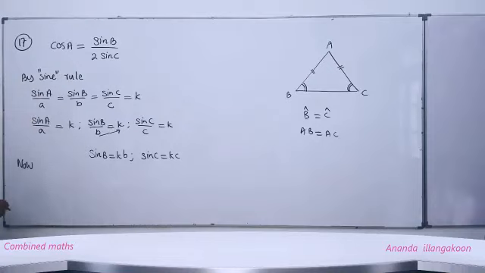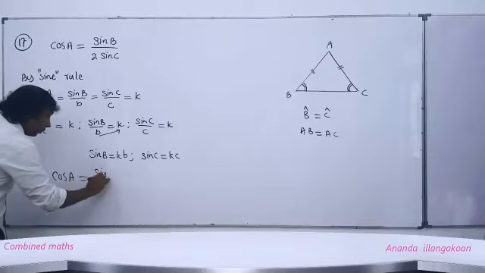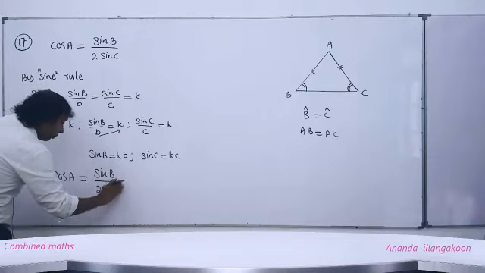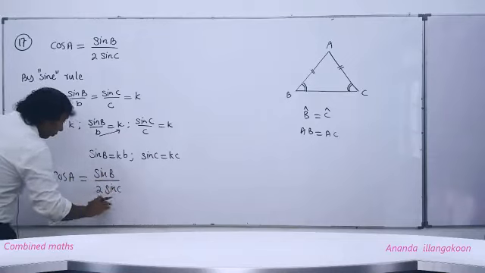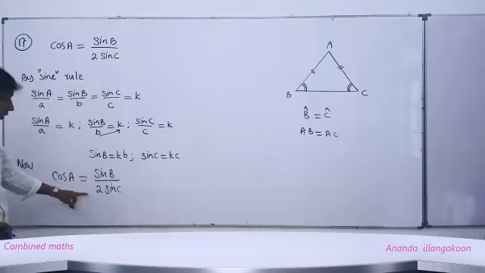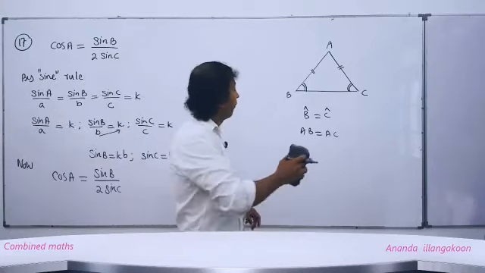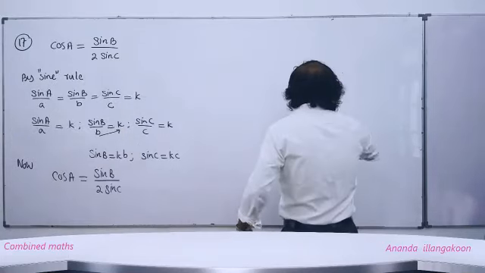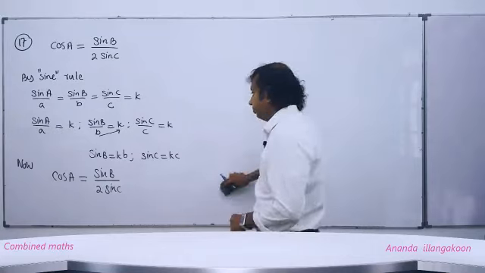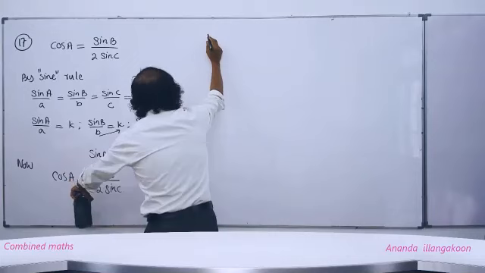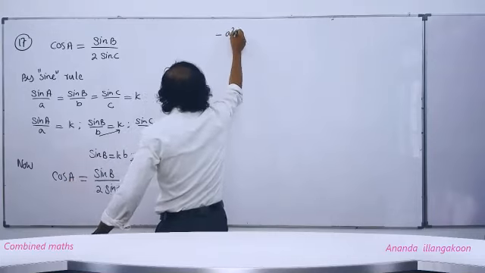Right. So now in this case, for this cos A, I substitute. I write that again. Cos A equals sine B divided by 2 sine C. Substitute for cos A, and sine B and sine C by these two. And keep simplifying this, people. Cos A is what, people? Since here we have a, subtract a squared. What are the other two terms?